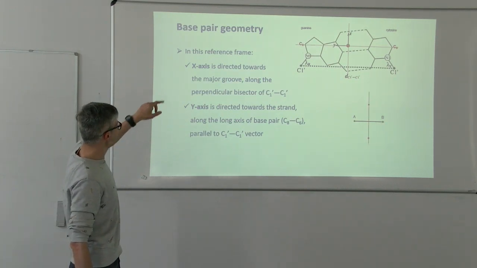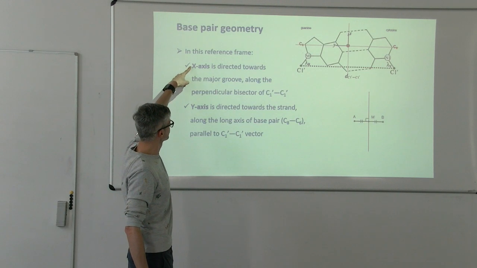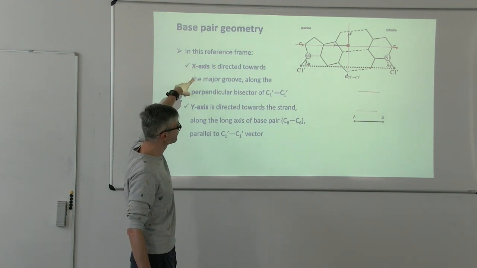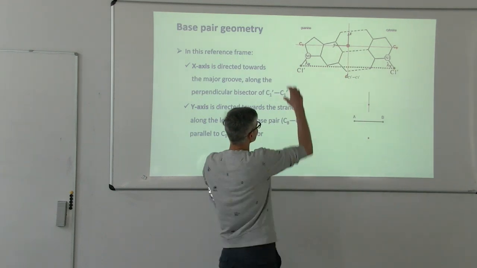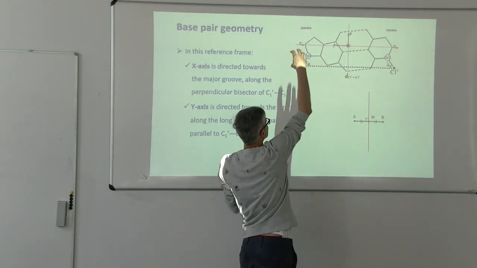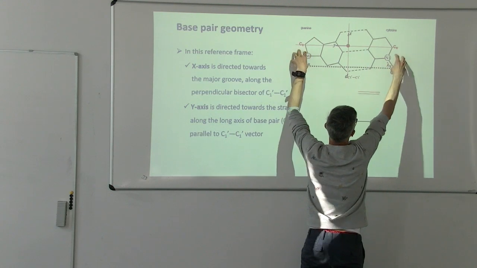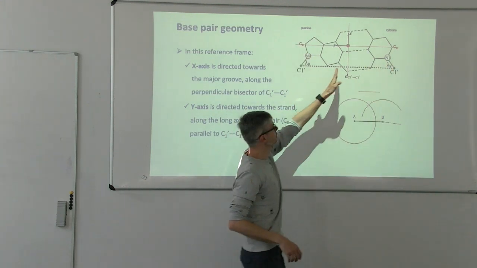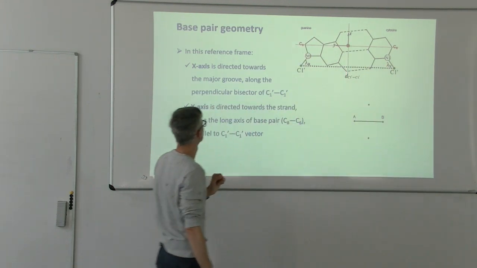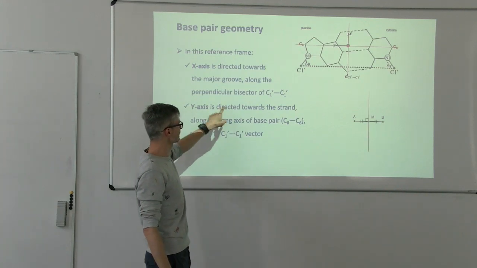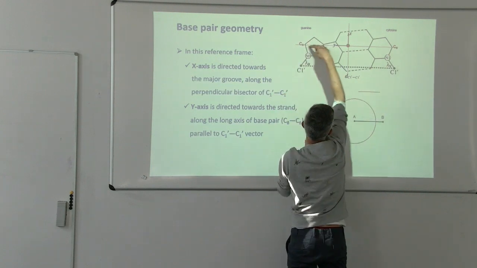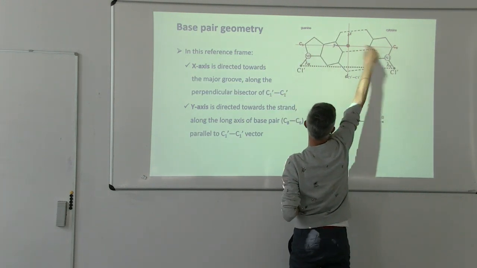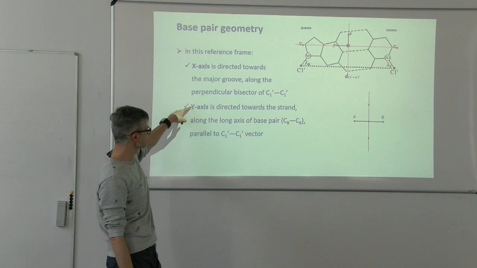So how this works is, the x-axis is directed towards the major groove, this here. You have to think this is where the helix is, on this side, and then turning. So this is the x-axis. The y-axis is directed toward the strand, so this is where the two strands are, which is why it's directed in this way. That's the y-axis.